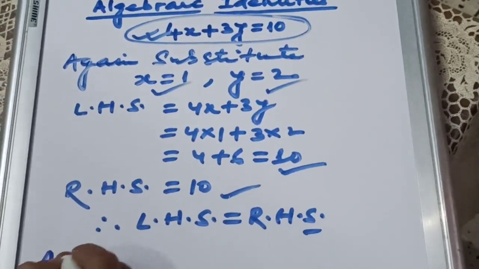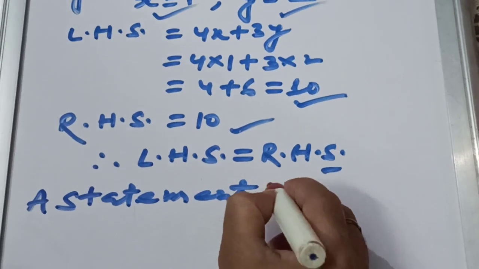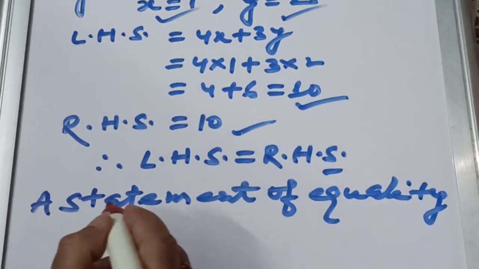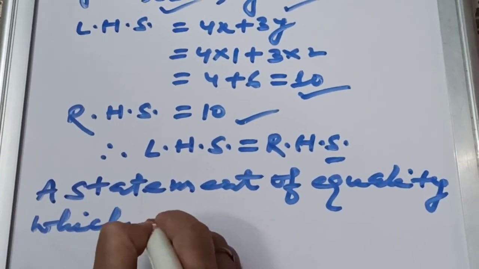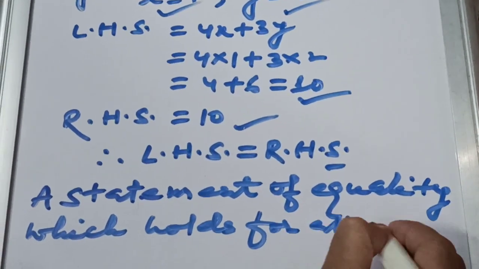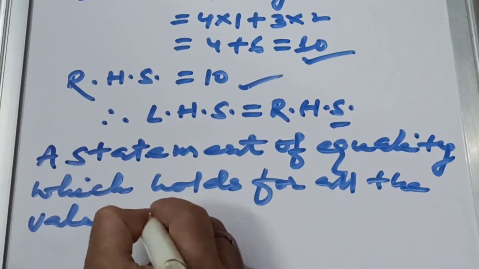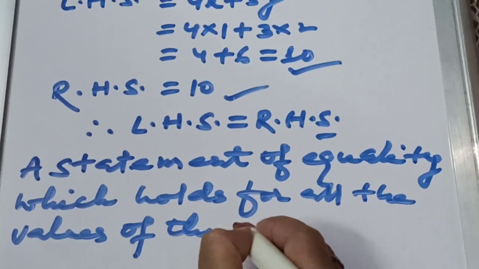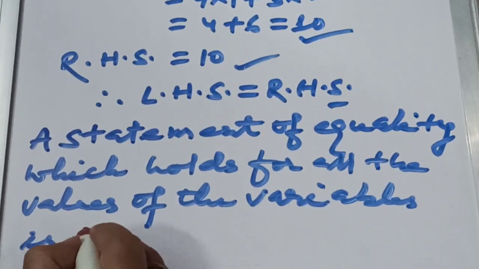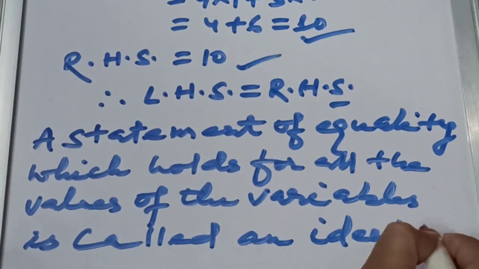Hence we can say that a statement of equality which holds for all the values of the variables is called an identity.